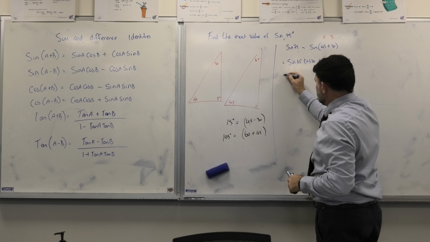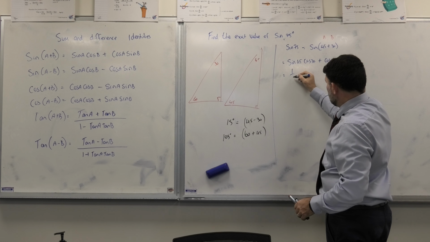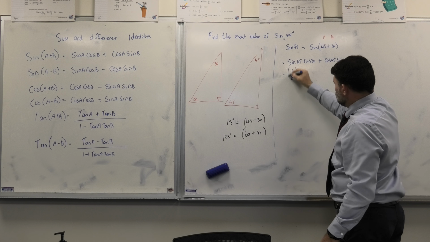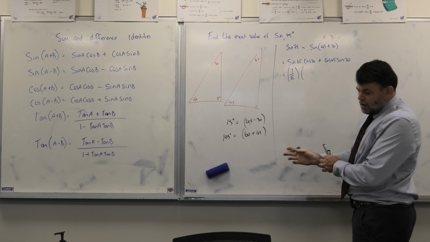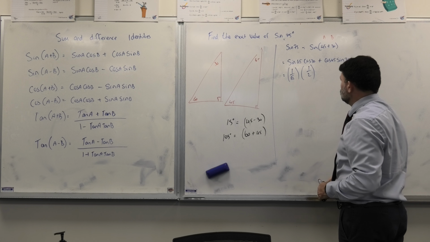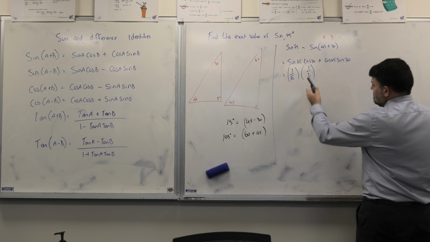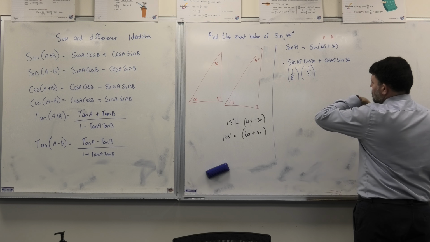We know that sine 45 would be 1 on root 2. And we're going to multiply that with cos 30. Remember, if you're going over 60, the lowest part is going to be root 3 on 2.